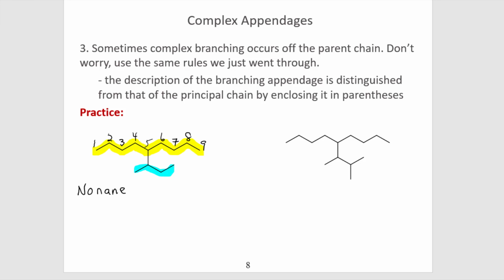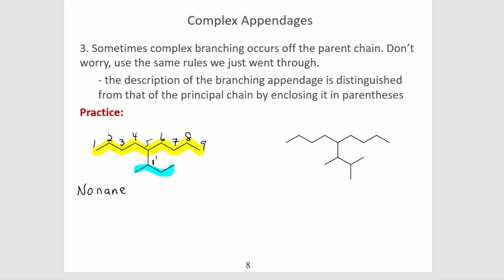What we're going to do is treat it as its own little project. Starting from the carbon directly attached to carbon 5, I'm going to start numbering the longest parent chain of the substituent. I always start at the first carbon off of my parent chain. So you don't have to worry about where to start numbering. That one's at least easy.